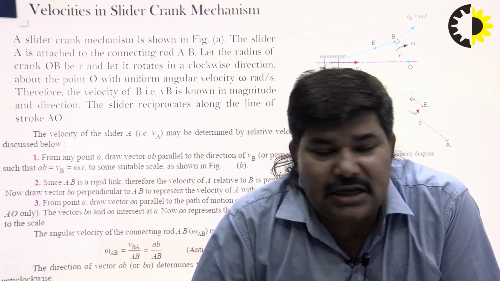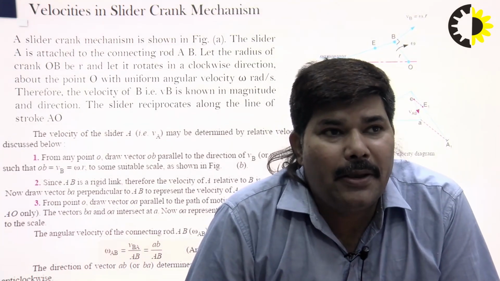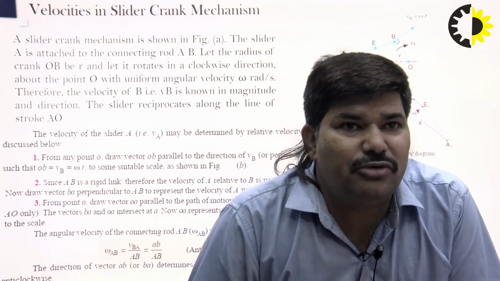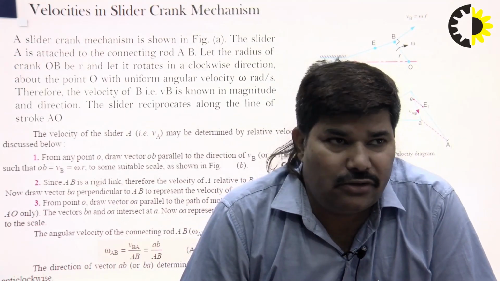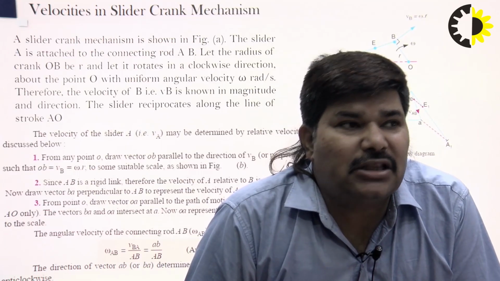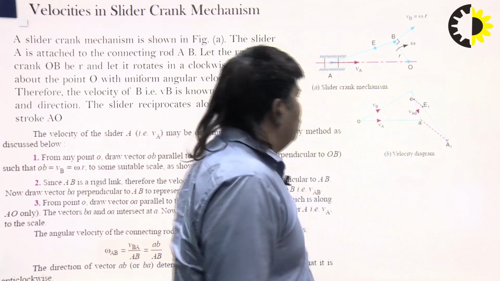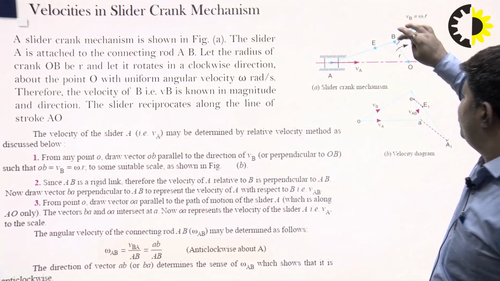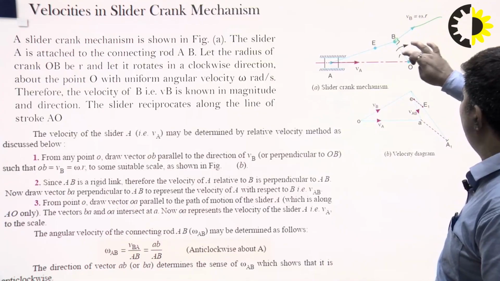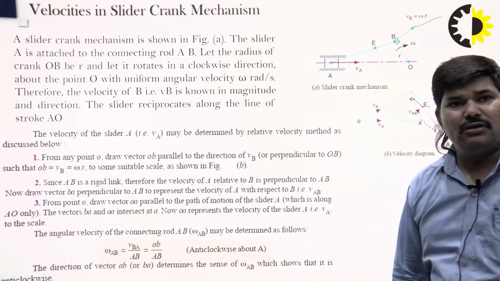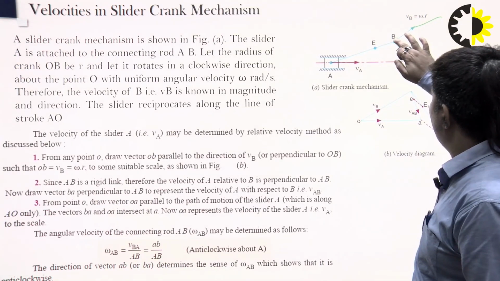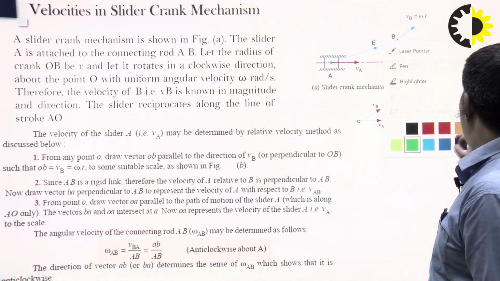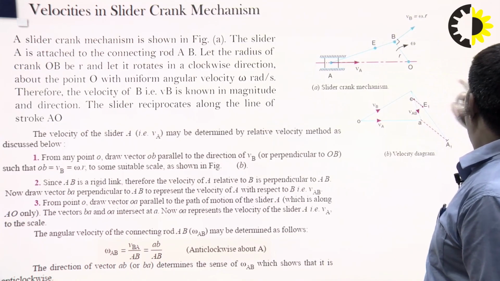Therefore, the relative velocity of B with respect to O is known in magnitude and direction, because omega is given and R is given. The slider reciprocates along the line of stroke AO. R into omega is the velocity of B, known because omega is in the clockwise direction, perpendicular to this line.